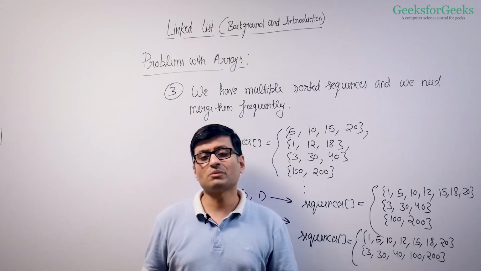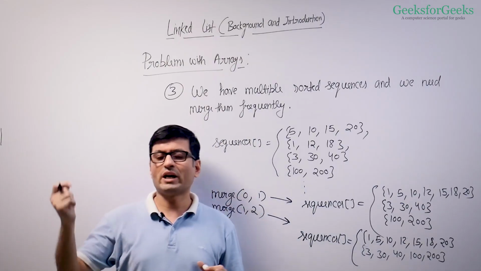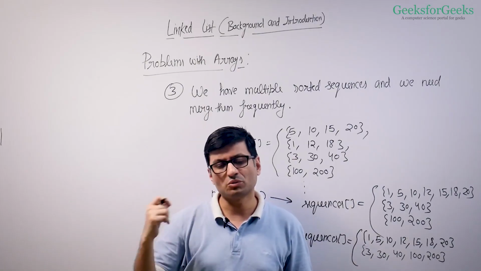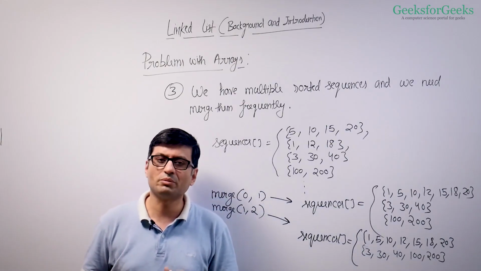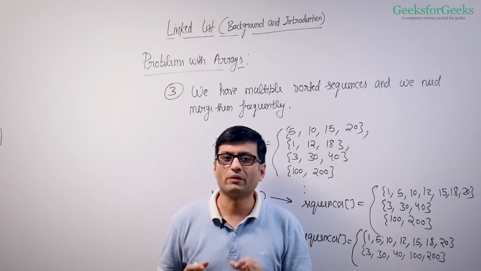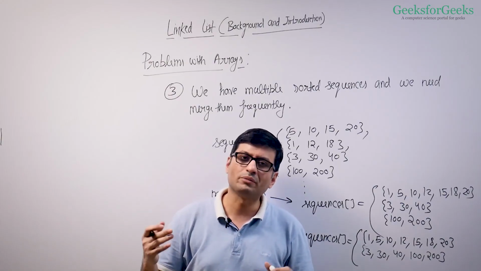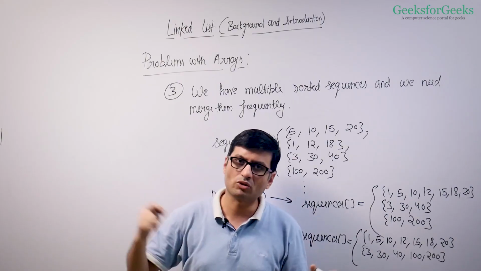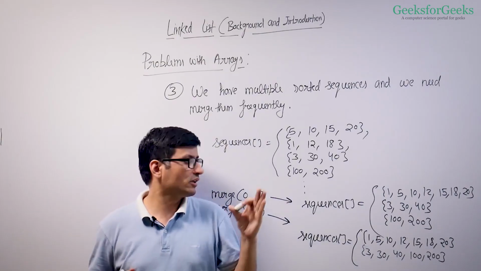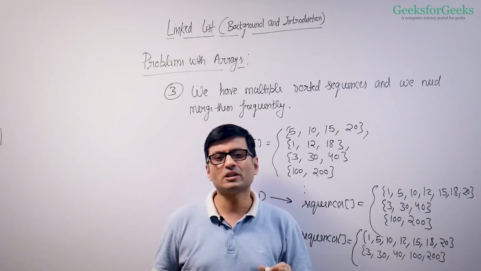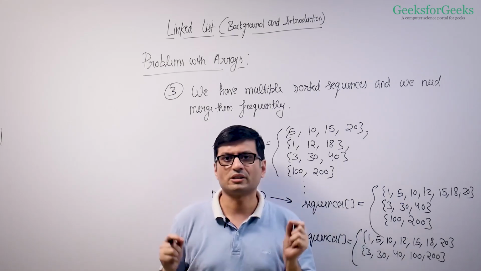Extra space means extra overhead also, because you will have to copy these sequences to the extra allocated space. So that will be more time-wise also. Constants would be higher in time as well. But if you're using a linked list, you do not need to allocate new space and then copy these sequences every time you're doing a merge, right? But in the case of array implementation, for every merge, you will have to allocate extra space.